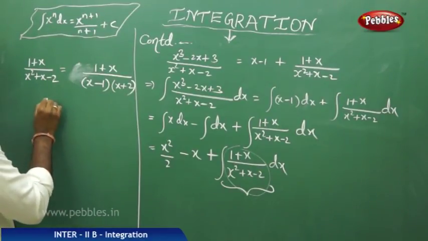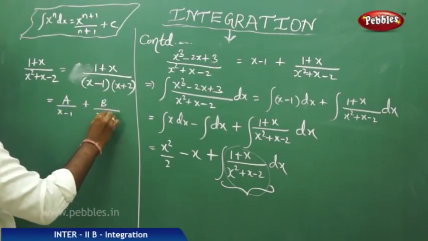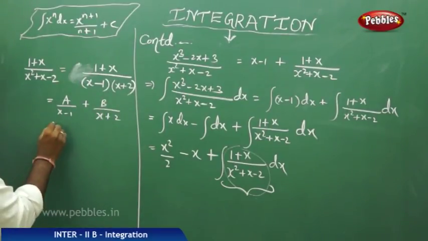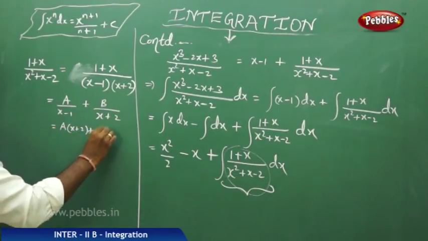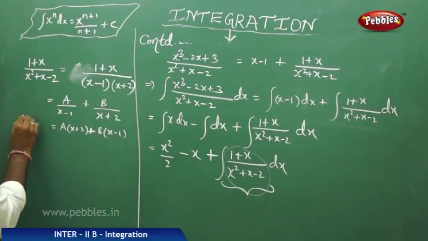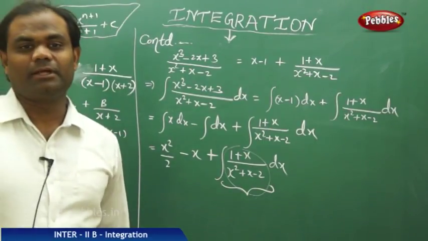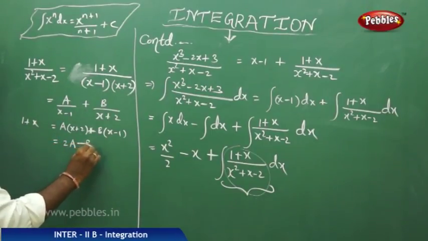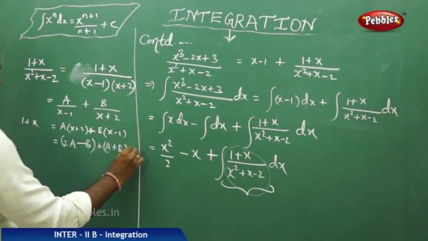Now this can be split as a by x minus 1 plus b by x plus 2 using partial fractions. That implies a times (x plus 2) plus b times (x minus 1) is what I get with the denominator getting cancelled, as we do in the partial fraction method. Now taking common, this is 2a minus b plus (a plus b) x.